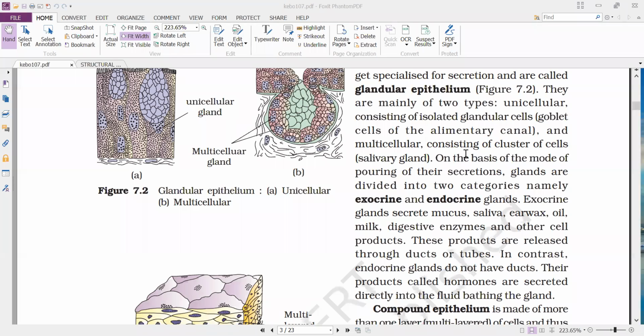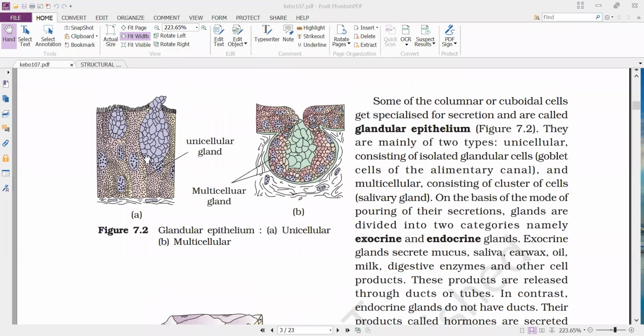And some are multicellular, consisting of a cluster of cells. For example, the salivary gland. The salivary gland is a multicellular gland which is involved in the secretion of saliva.